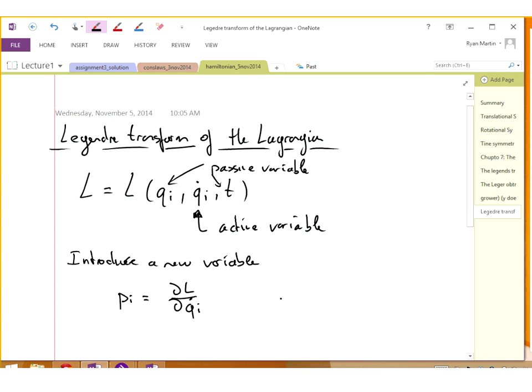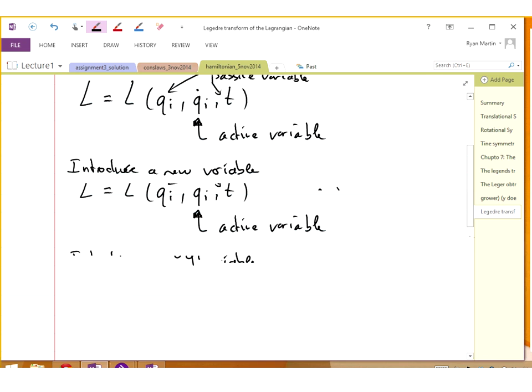A good name for that variable would be P. This is exactly the same thing as when we said that Vi was ∂F/∂Ui. I'm choosing the qi dots as the active variables, and I'm introducing a new variable that's the partial derivative of the function L with respect to that active variable. So then L is like F in what we just did.